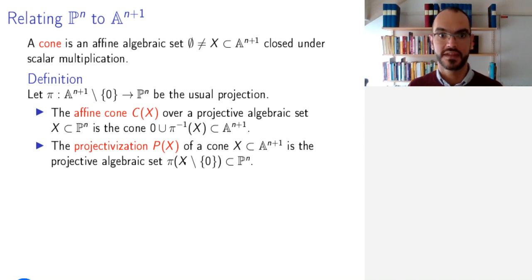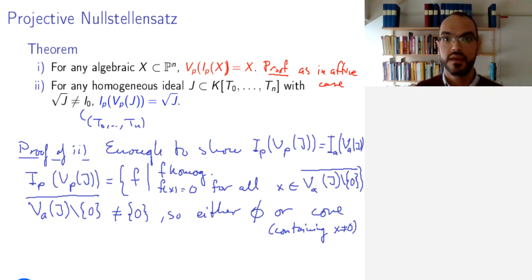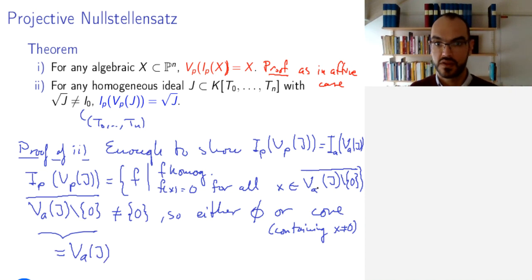So this is the set of all points in projective space that come from lines in this cone. In both cases, this removal of 0 and taking closure cancels out, so this is in fact equal to VA of J. So we can replace this part by VA of J.